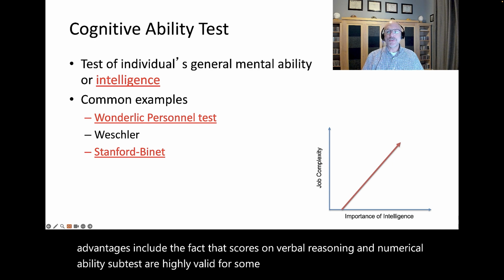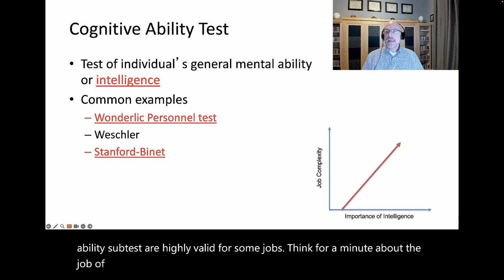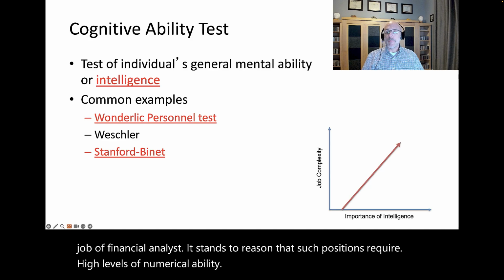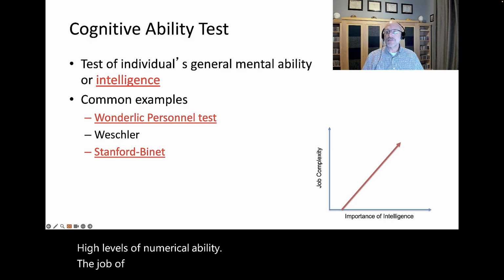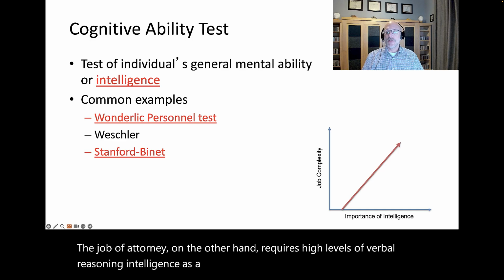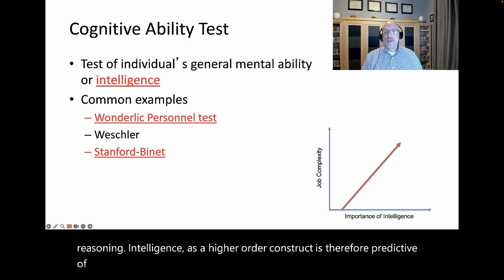Think for a minute about the job of financial analyst. It stands to reason that such positions require high levels of numerical ability. The job of attorney, on the other hand, requires high levels of verbal reasoning. Intelligence as a higher order construct is therefore predictive of performance in both jobs.